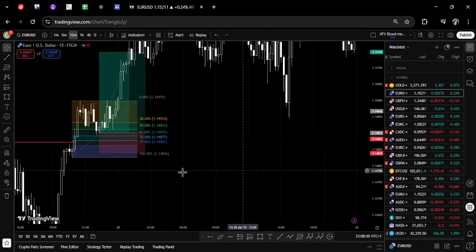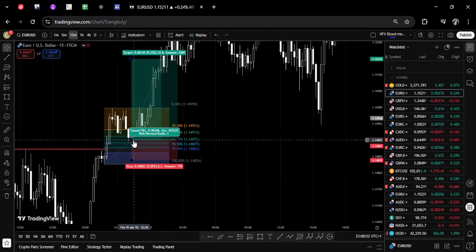I want to risk $1. This particular move, this SL is 6 pips, right? And for 6 pips, you need to go in with a lot size. 0.1 will be $6. 0.01 will be 6 cents.